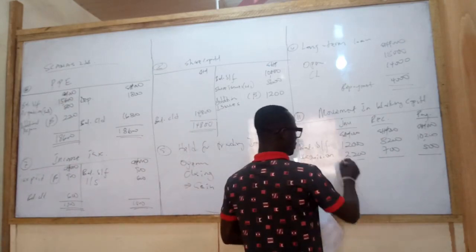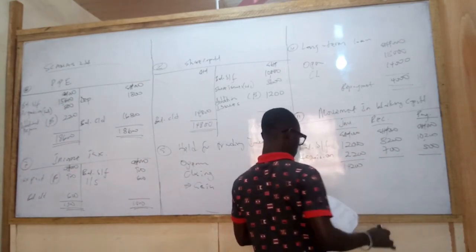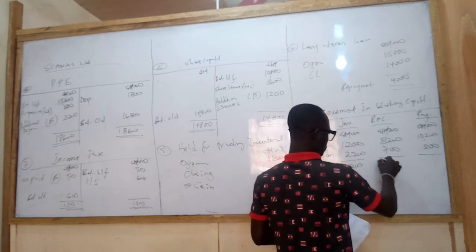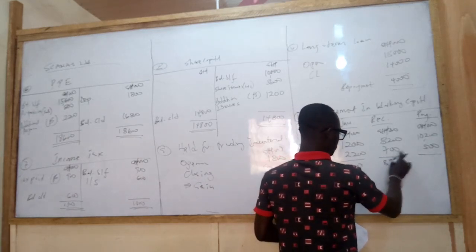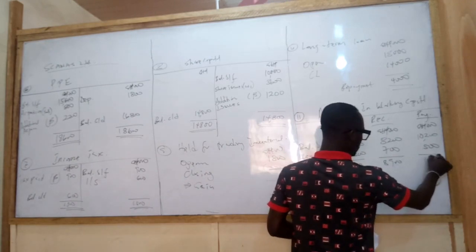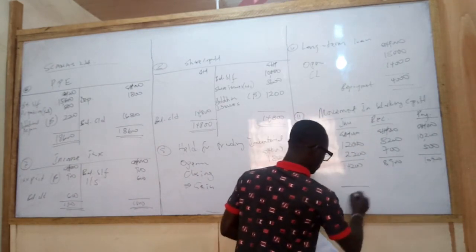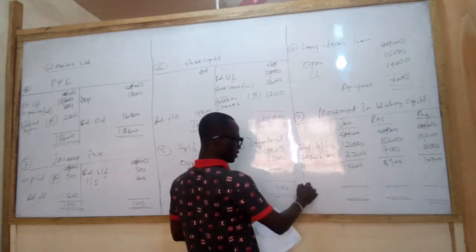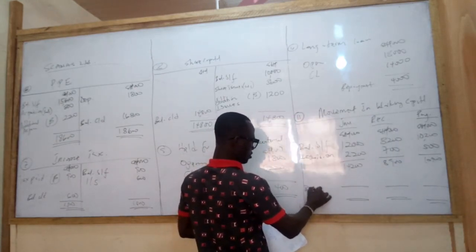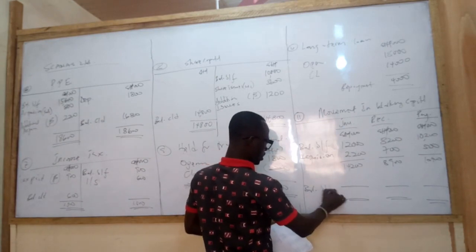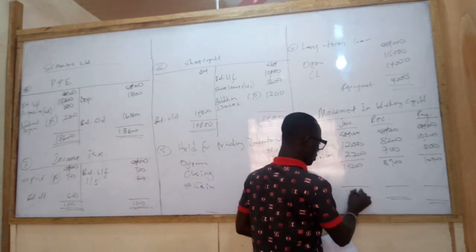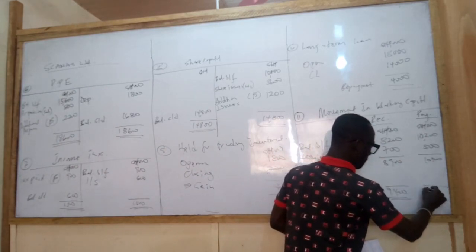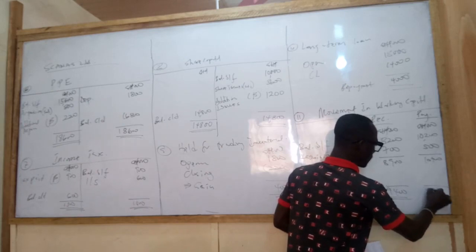14,200. 8,900. 10,700. So give me closing balance. 11,600. 9,400. 8,700.